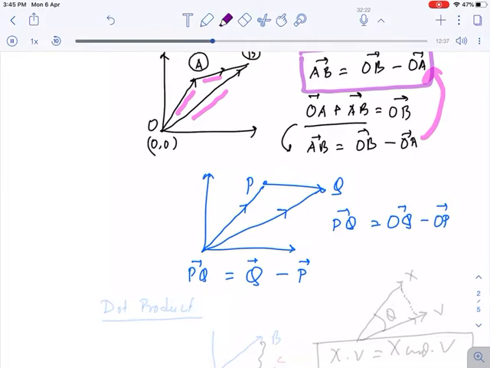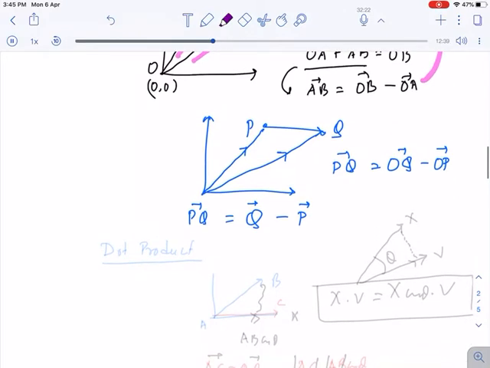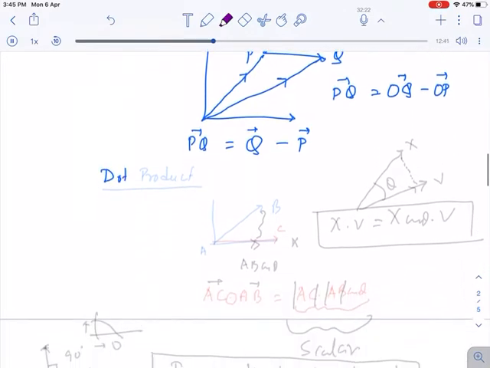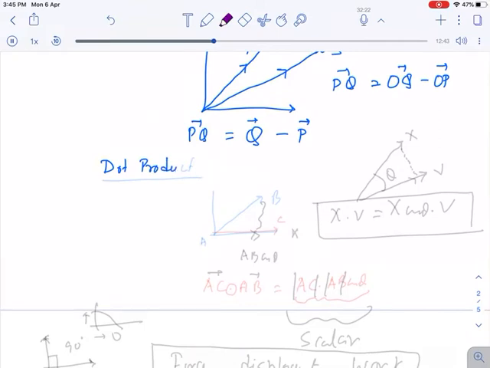Now what is dot product? There are two types of product. One is dot product and another one is cross product. Now if there is a vector AB, then AB cos theta is the projection on the x-axis.